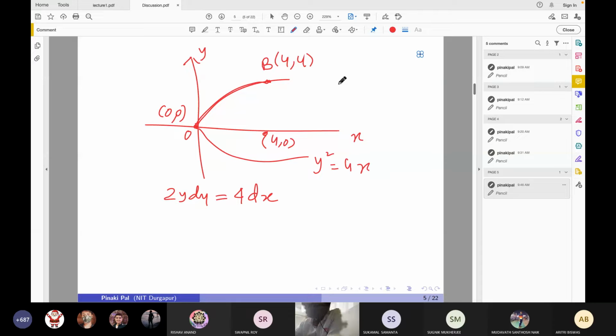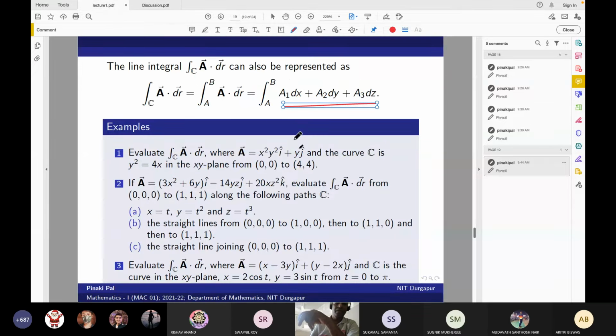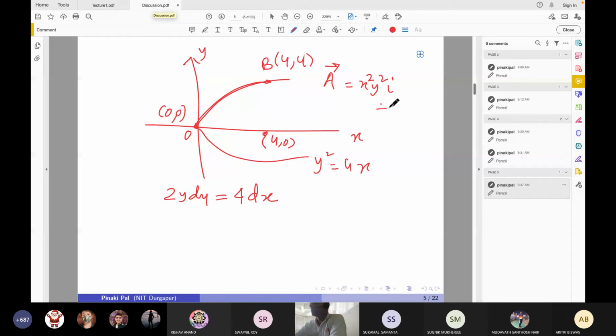Now what is the vector involved in the process? A is equal to x square y square i plus yj. This is the vector.